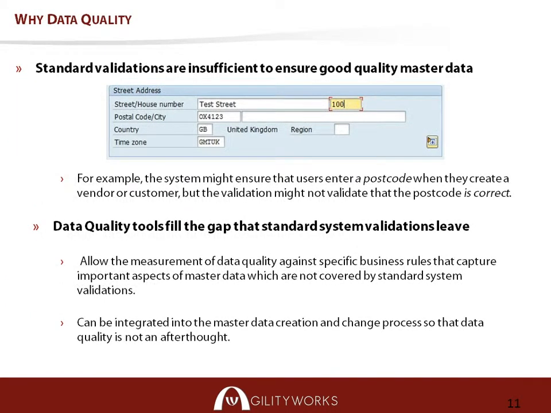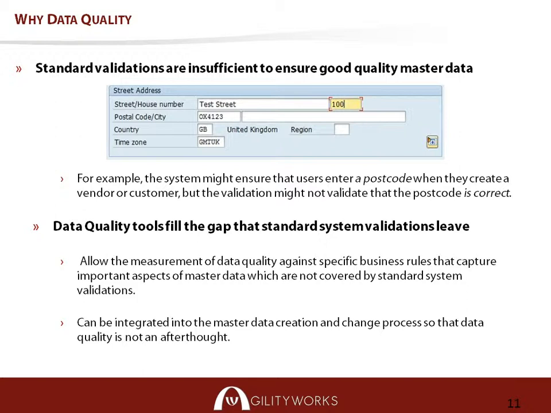So I begin with my simple understanding of why you would do data quality even in the first place. I think at its root, poor master data quality gets into the system because the standard validations within a system are really insufficient to ensure good quality master data.